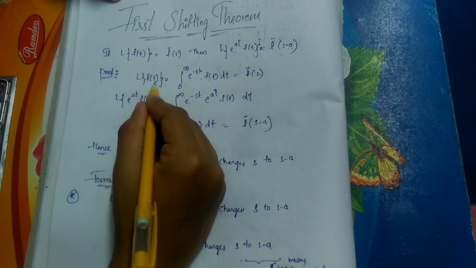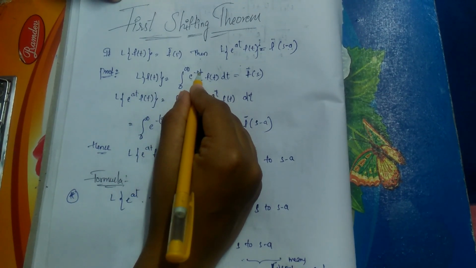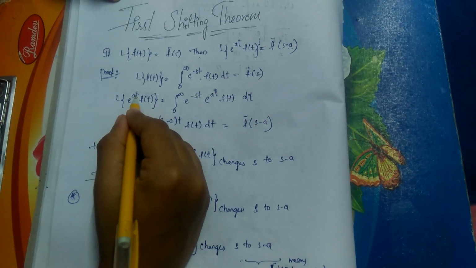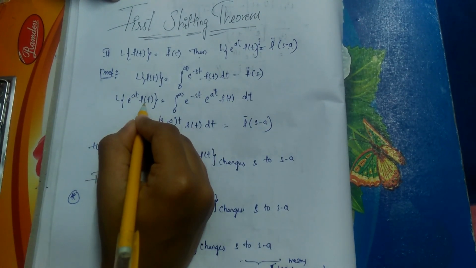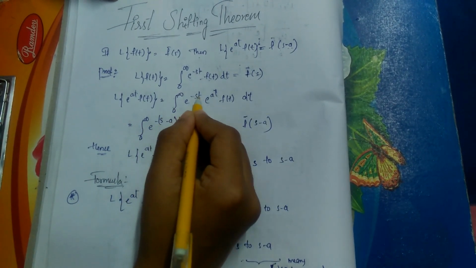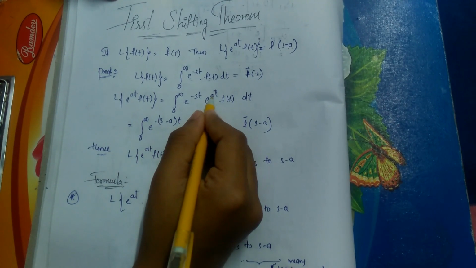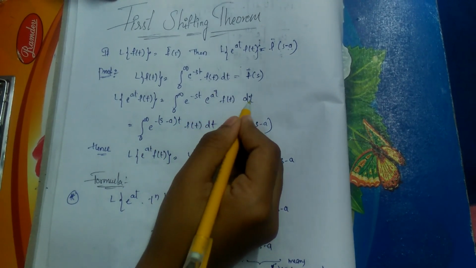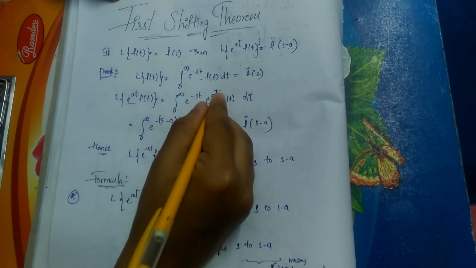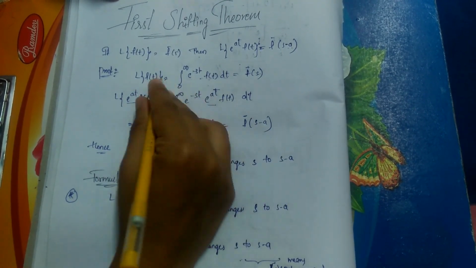When only f(t) is there, we get e^(-st) f(t) dt. But if e^(at) is multiplied with f(t), then we get the integral from 0 to infinity of e^(-st) into e^(at) into f(t) dt. So we got the extra term e^(at), multiplied in the equation.